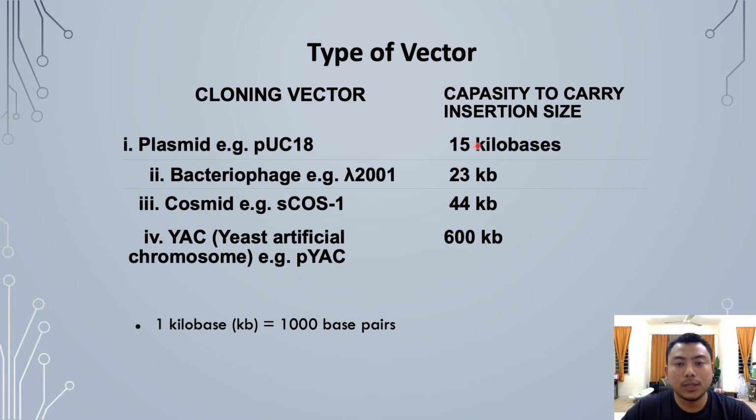So usually, when we only use a short gene of interest, we will only use the smallest possible vector. For example, insulin is only very short, having short base pairs. So we don't have to use cosmid. It is sufficient if we just use plasmid.